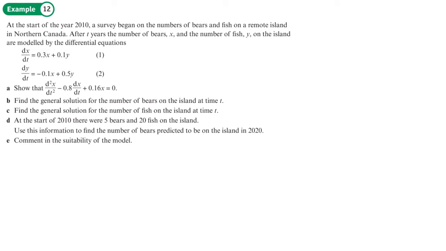At the start of year 2010, a survey began on the number of bears and fish on a remote island in northern Canada. After 2 years, the number of bears x and the number of fish y on the island are modelled by differential equations. So the number of bears and the number of fish, the change in the rate of their population, they're interdependent.